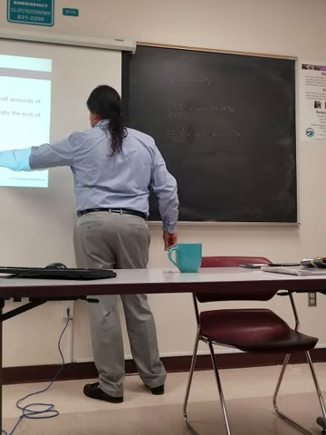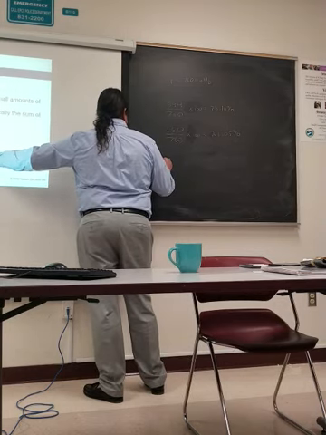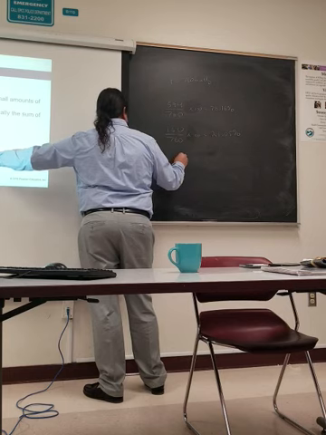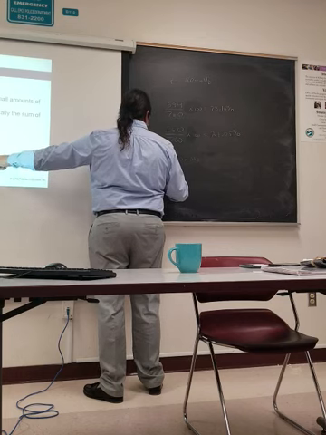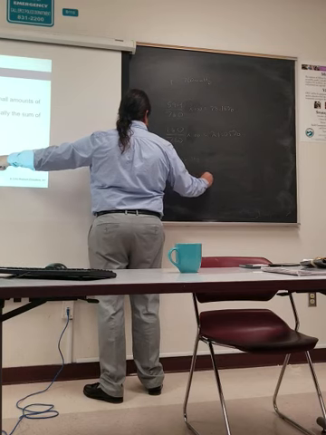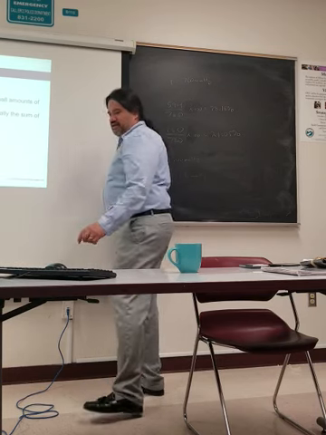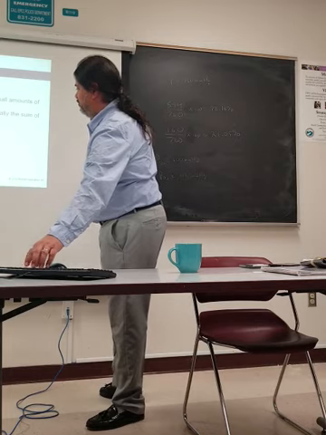Lower air, that's 100. That's the partial pressure of oxygen. 100 millimeters of mercury. Inspired air, then we have 160. And these are the values.